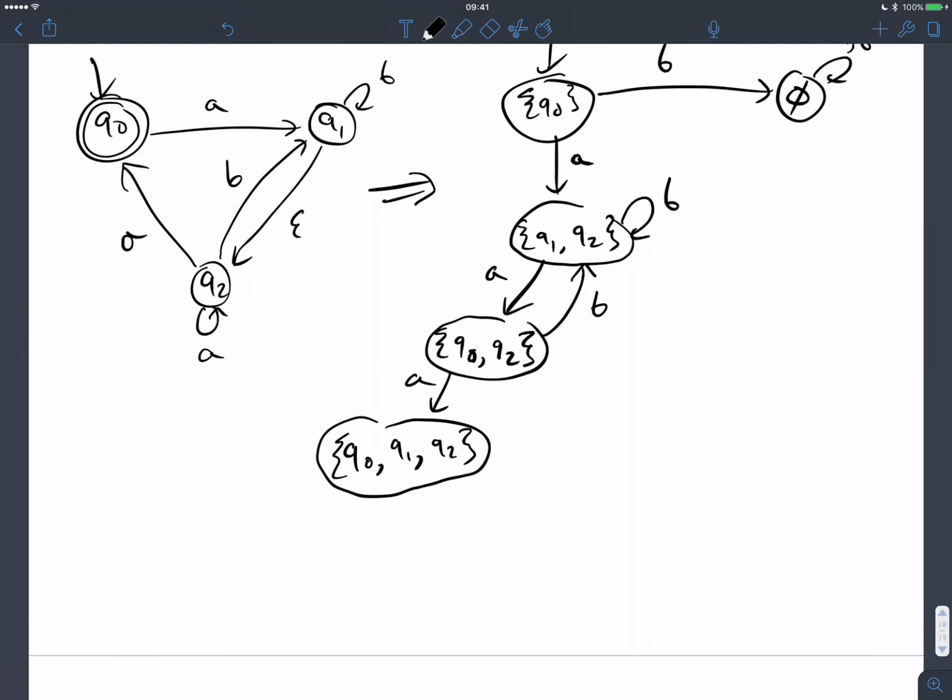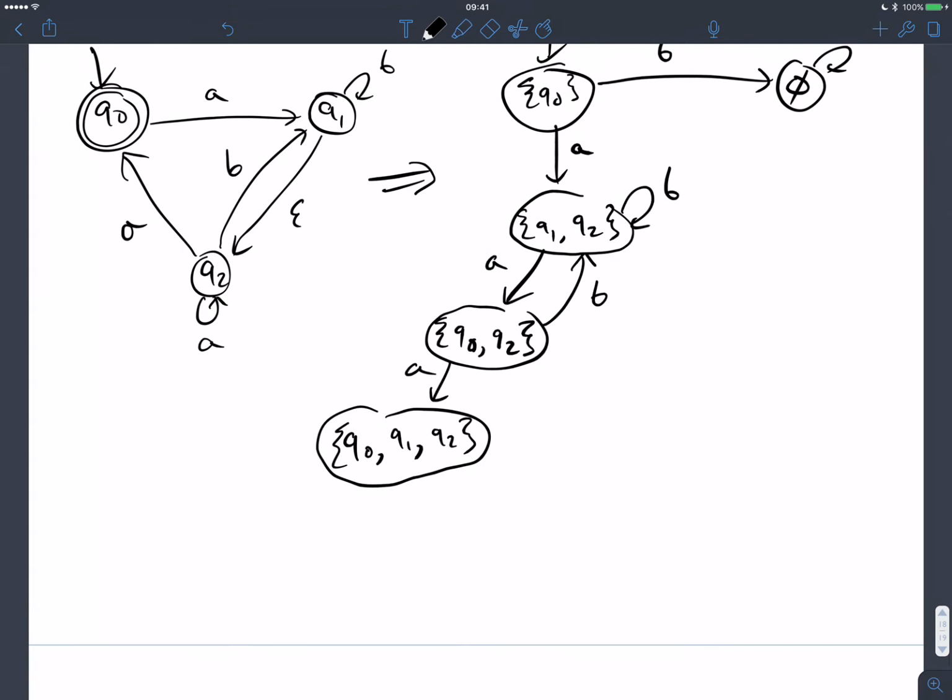Q0, Q1, Q2, where can I go on A? Well, let's make a list. Q0 goes to Q1. Q1 goes where on A? Nowhere. Where does Q2 go on A? Itself and Q0. So I make a self-loop. What about on B? I have Q1 on my list, just Q1.